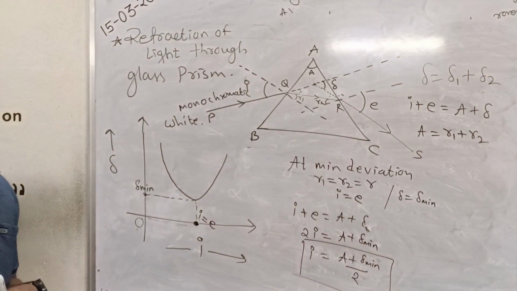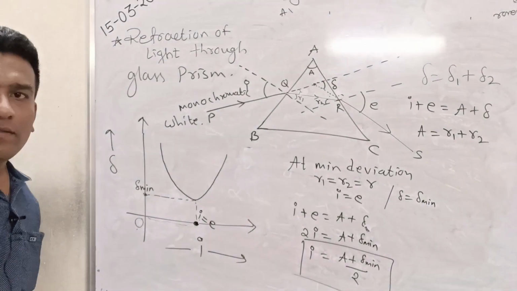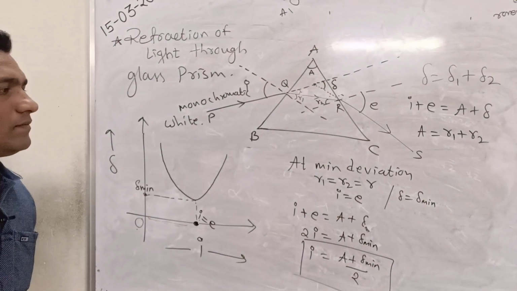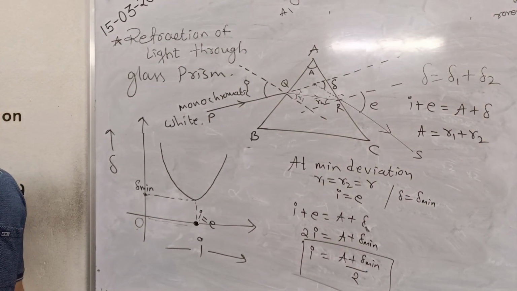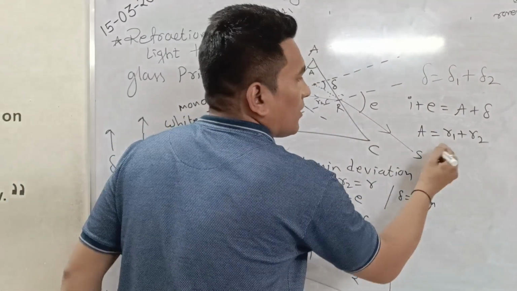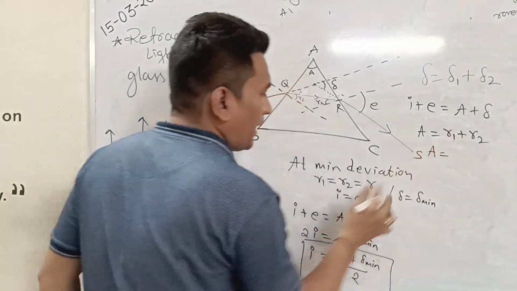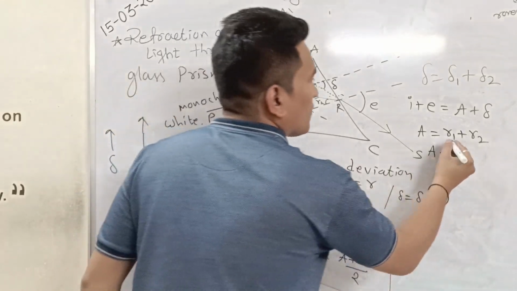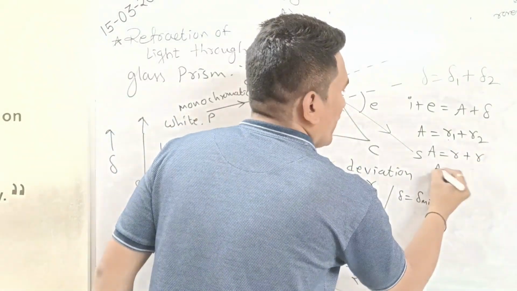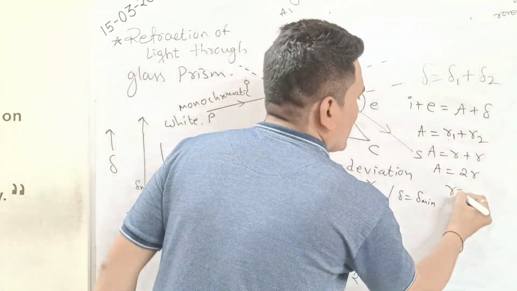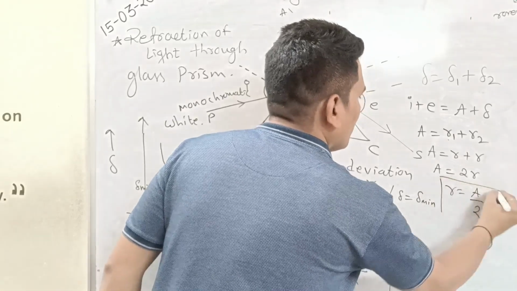We have this formula. Okay. And what about the other formula? A is equal to R1 plus R2, and I wrote R1 is equal to R2 is equal to R. So R plus R, so A is equal to 2R. That is, R is equal to A by 2.